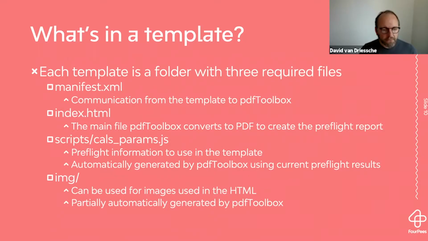That is a JSON file, and in that JSON file, you will find information about the document that was just preflighted, information about pdfToolbox itself, the version number, and so on, and information about the preflight. So this is where you find the list of preflight errors, preflight warnings, information, the fixes that were done, and so on. So pdfToolbox generates that.